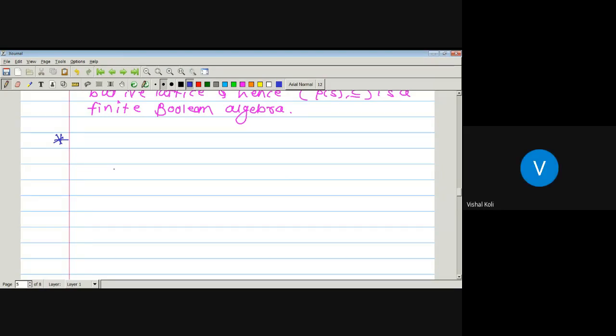Okay. So next, one more definition. This will be a shortcut to check whether the corresponding lattice is a finite Boolean algebra or not.